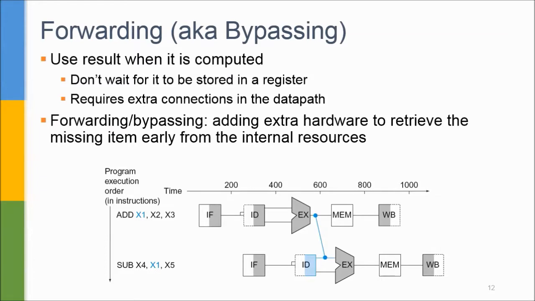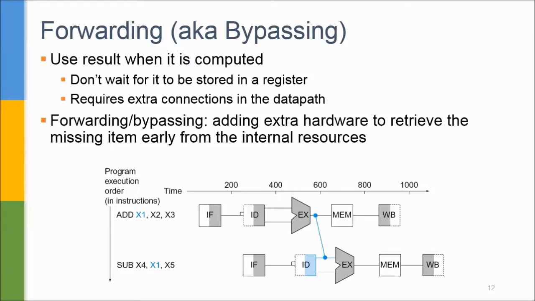Forwarding, also called bypassing, is a method of resolving a data hazard by retrieving the missing data element from internal buffers rather than waiting for it to arrive from the programmer-visible register or the memory. The primary solution is based on the observation that we do not need to wait for the instruction to complete before trying to resolve the data hazard.